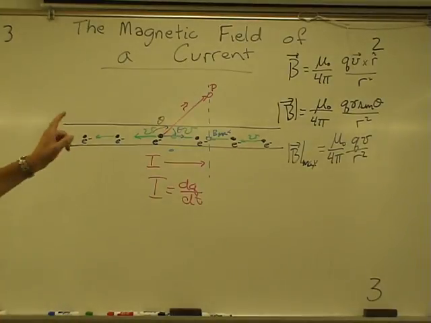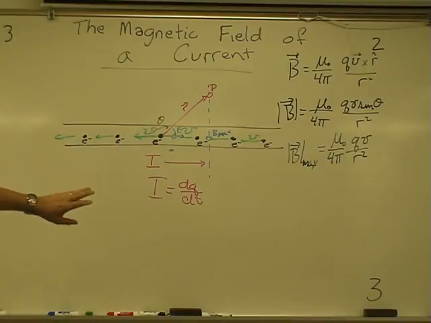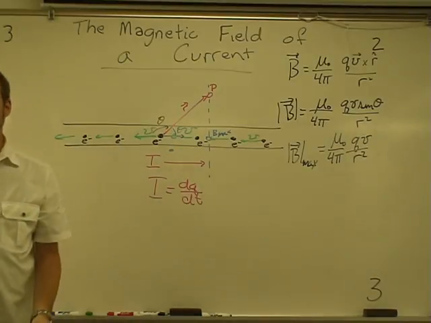So sine of theta is a sine of 90 degrees, or 1. So that's the magnetic field at maximum for a single particle.